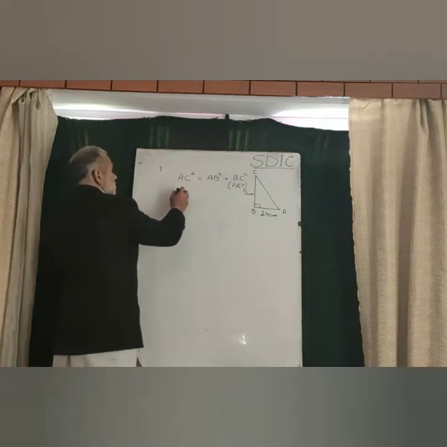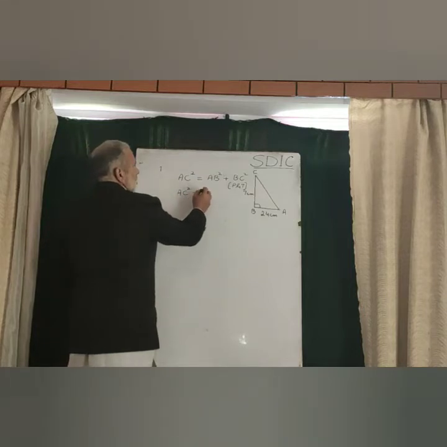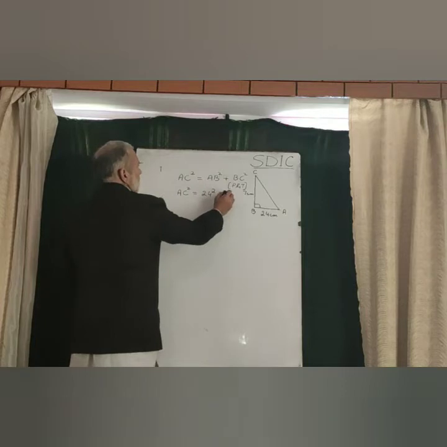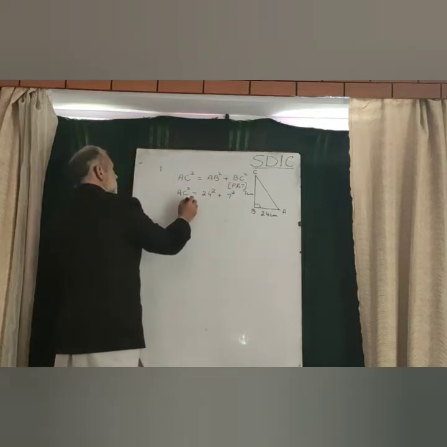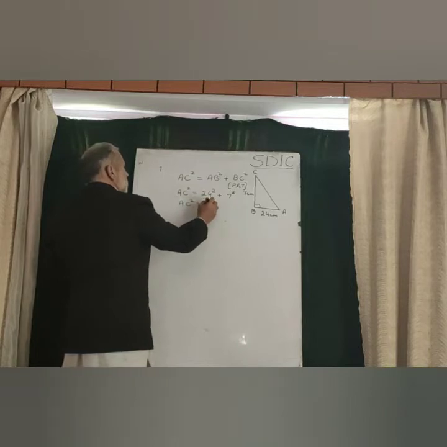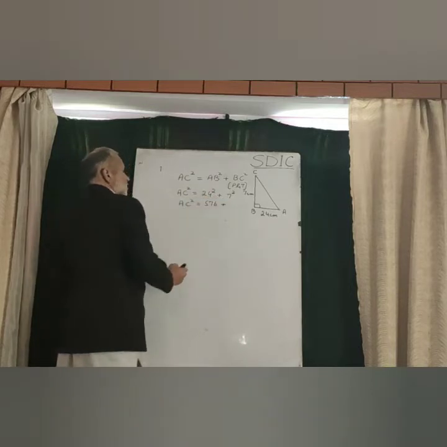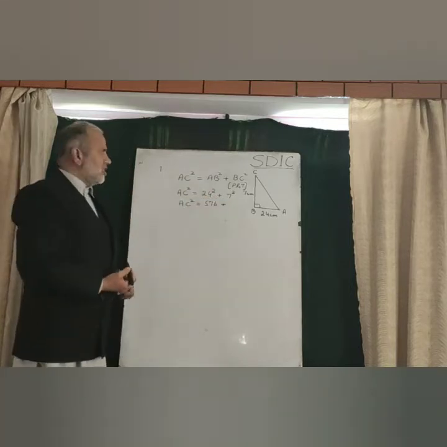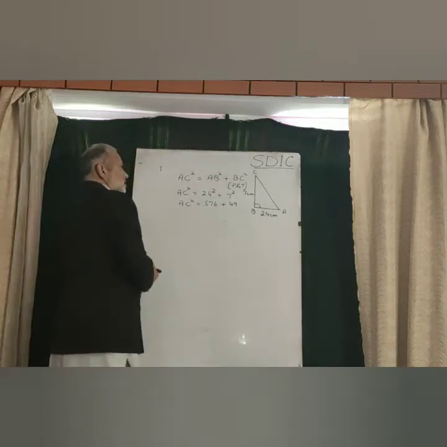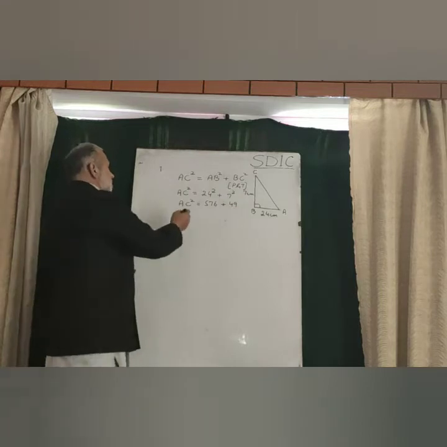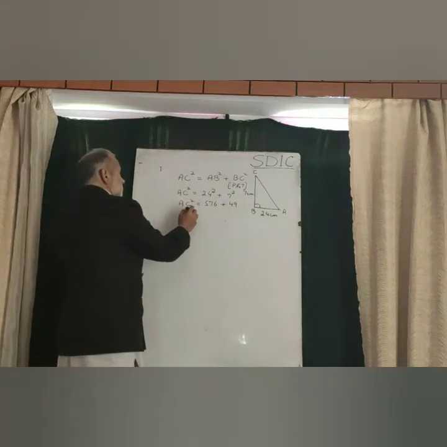So it will be AC square is equal to 24 square plus 7 square, which will further become AC square is equal to 576. 24 square of 24 is 576 plus 49. Square of 7 is 49. Then you add them, 625.